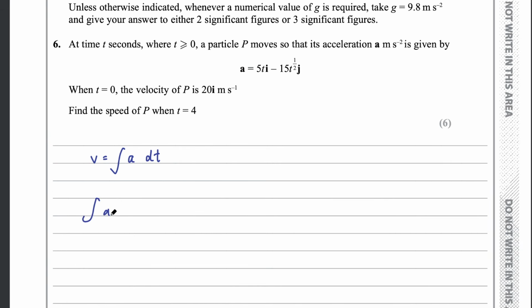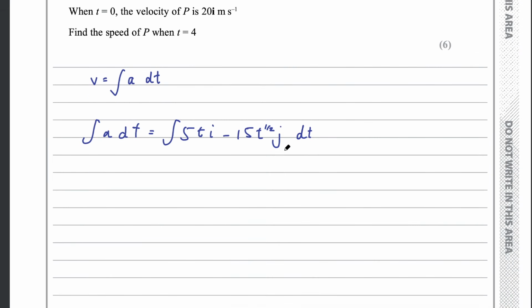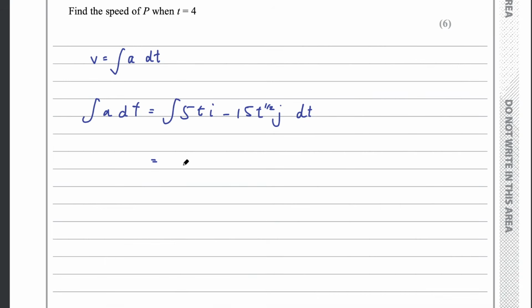So the integral of a with respect to t is going to equal the integral of this expression. So 5t, let's just write it out again, minus 15t to the power of a half j dt. Okay, so we can use the power rule for all of this. So this is going to be 5t squared on 2. And remember, i and j are like constants, so we can just leave those as is.